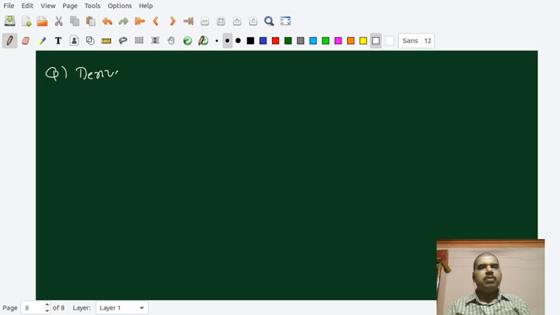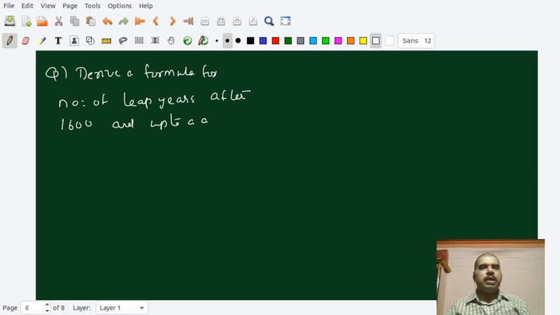Derive a formula for the number of leap years after year 1600 and up to a given year y.